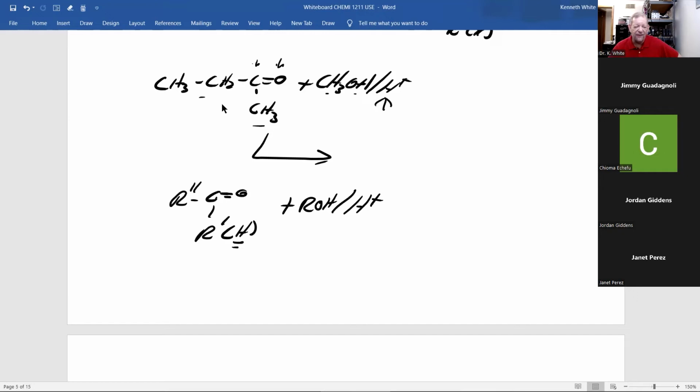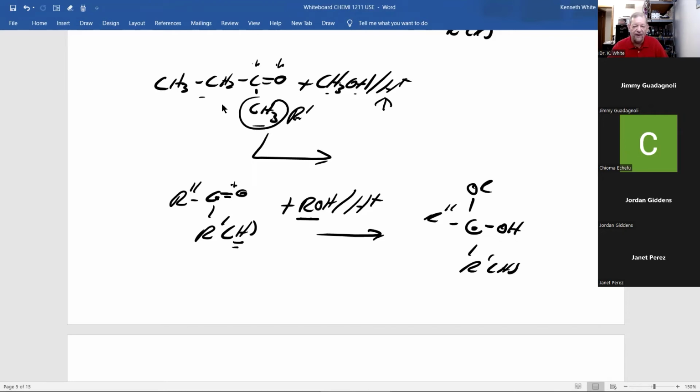Keep your eye on the carbonyl carbon. This carbon, what's attached to it, R prime or H, R double prime is still attached. Now this part opens up and the OR goes onto the carbonyl carbon like this. Then this becomes OH, and this is called a hemi-acetal or hemi-ketal. So let's go up here.